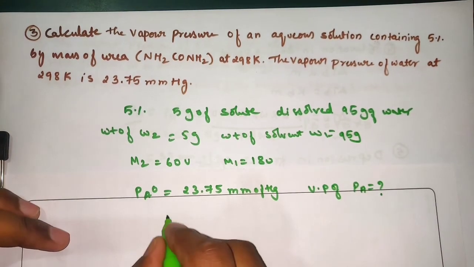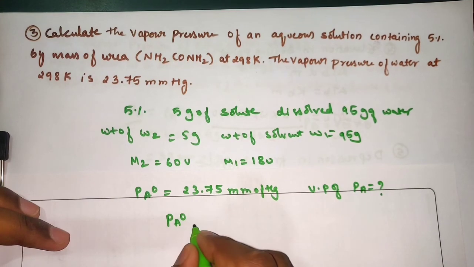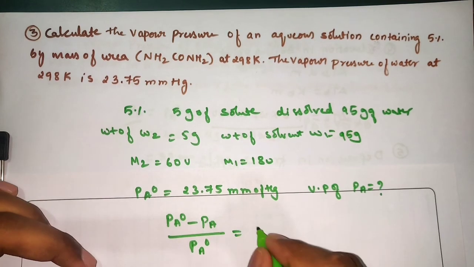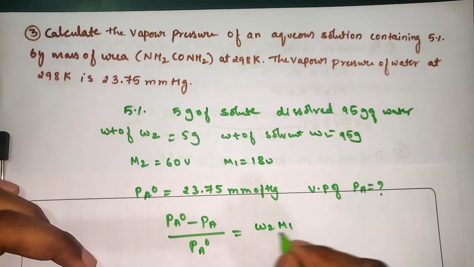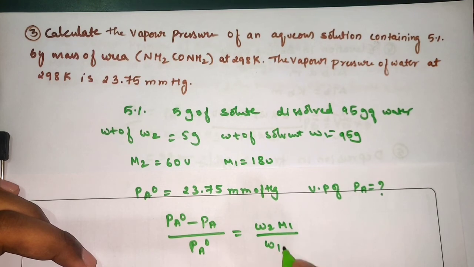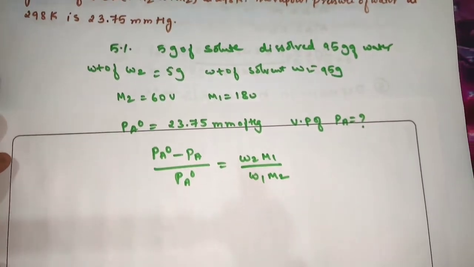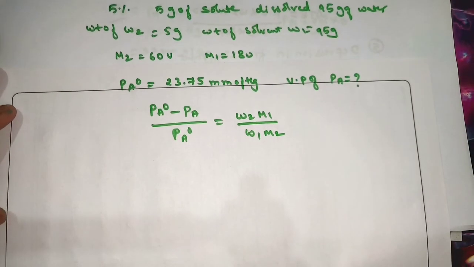We know that from relative lowering of vapor pressure, (Pa naught minus Pa) upon Pa naught is equal to W2 M1 upon W1 M2. This we know. So by using this formula we can find out the vapor pressure of solution.